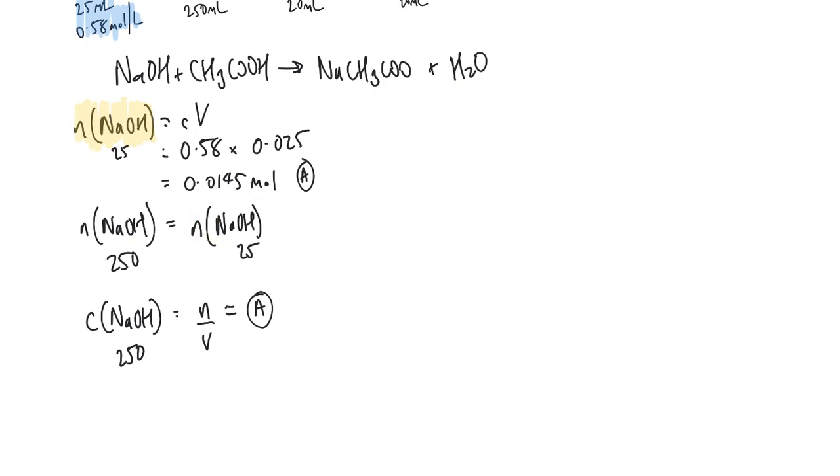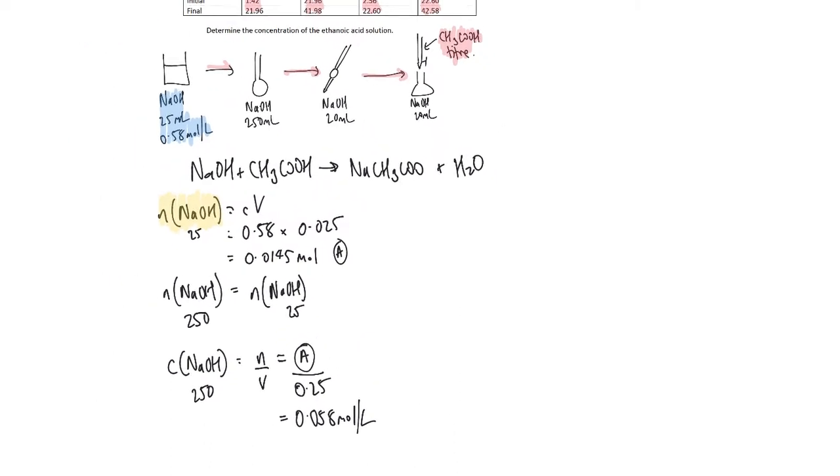So that value A over the volume of 250 mils, which in liters is 0.25, so A divided by 0.25, which is why we save numbers, gives 0.058 mole per liter.